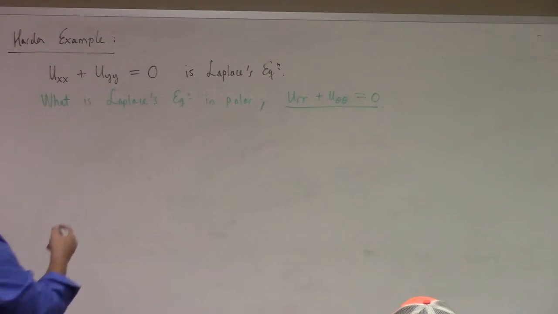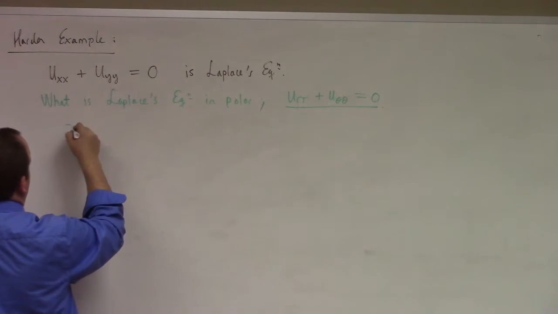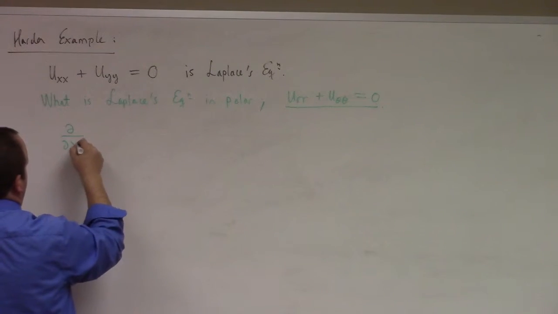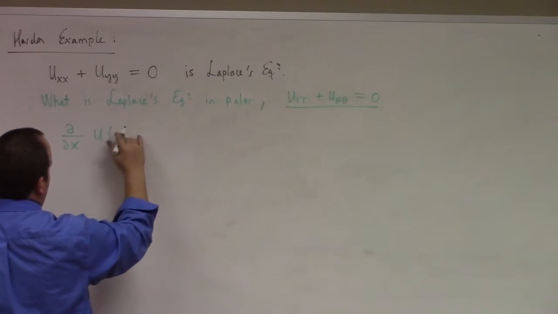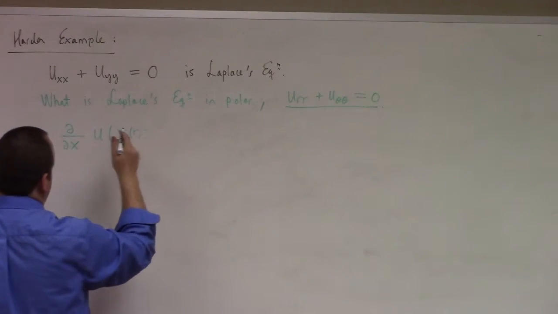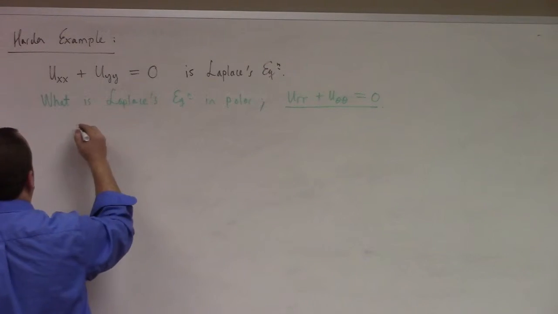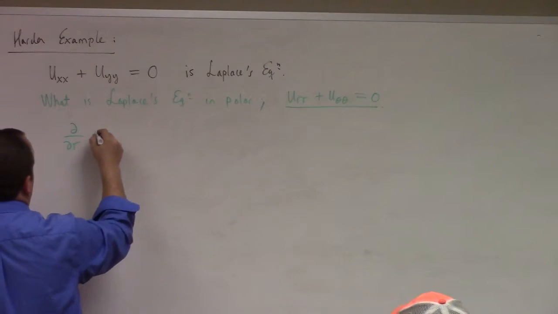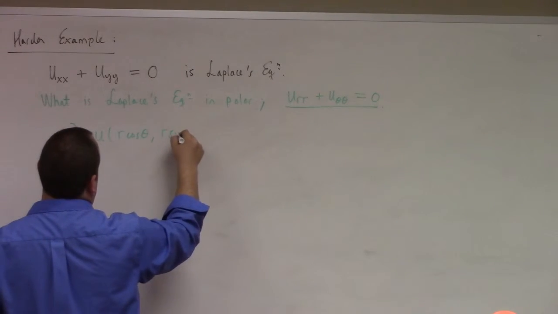So the question then is, let's look at the partial derivative with respect to r of u, which is a function of r cosine theta, r sine theta.